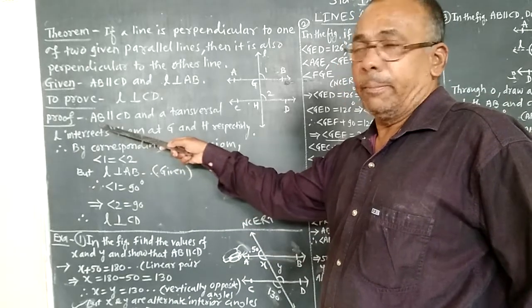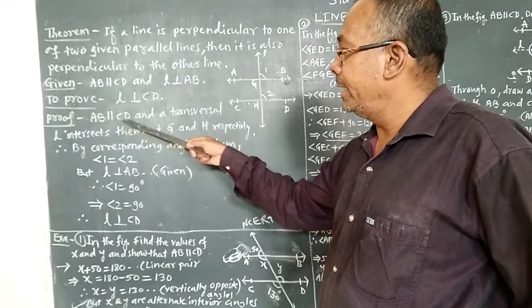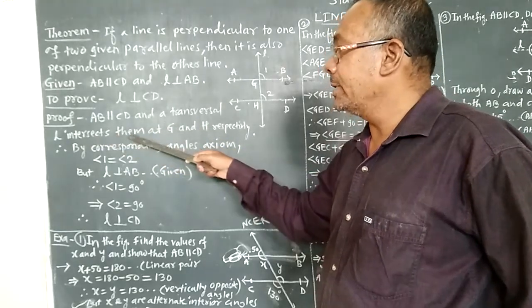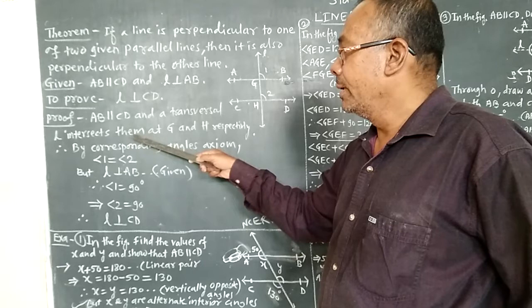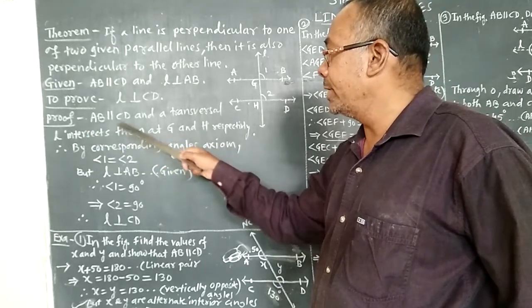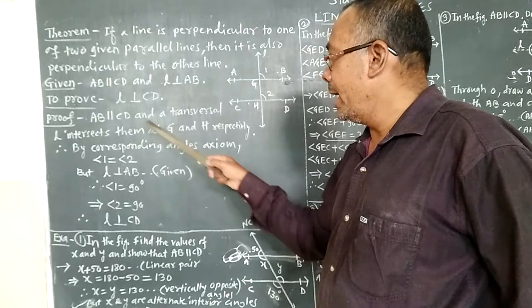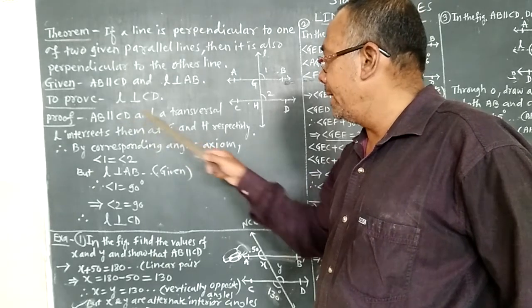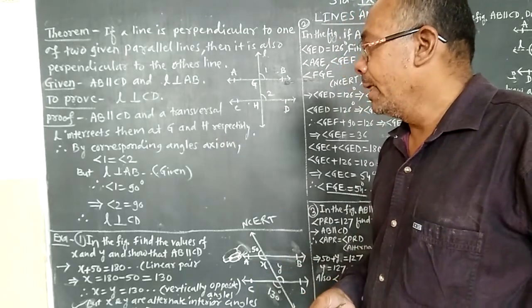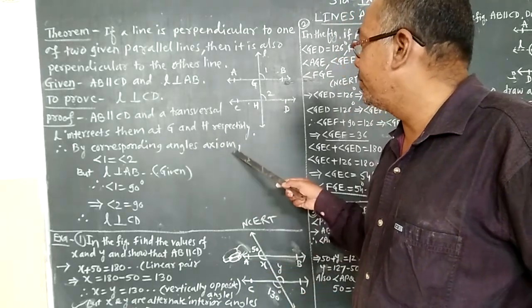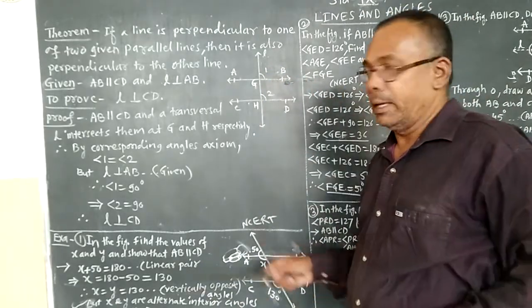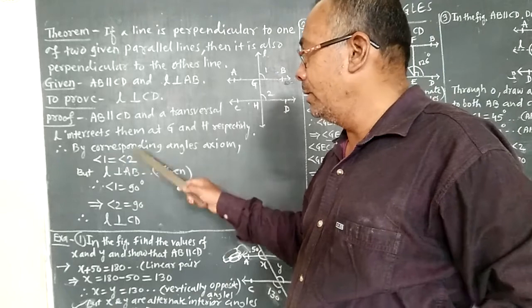Here AB is parallel to CD and a transversal L intersects them at G and H. Means transversal L intersects AB at G and CD at H respectively, and therefore by the corresponding angles axiom we can write that angle 1 equals angle 2.